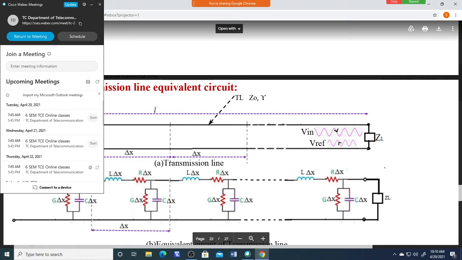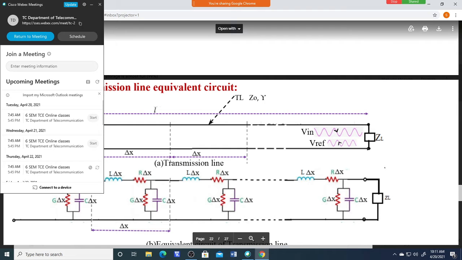Example. Okay, so like that, per unit length, how much is the inductor, resistance, those values will be specified like that. So if you know the length of the line, you can calculate how much inductor is offered by that particular transmission line. For example, L is equal to 2 Henry per centimeter.